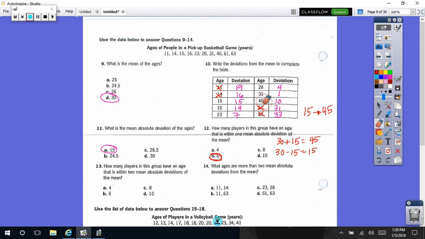Number 13 is very similar to that, except this time it wants to know within 2. So if one mean absolute deviation is 15, then 2 mean absolute deviations would be 30. Looks like math.